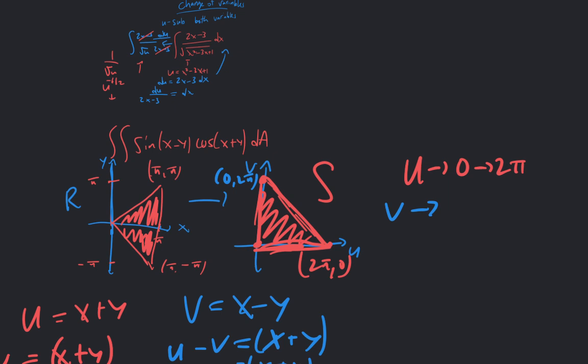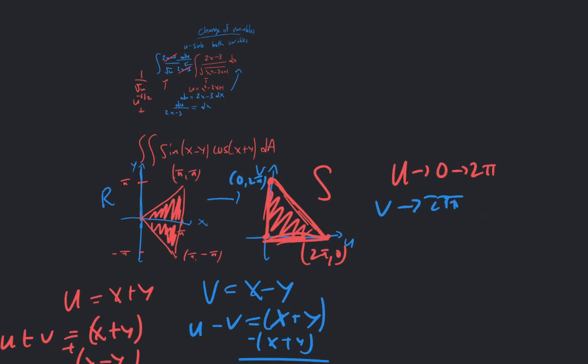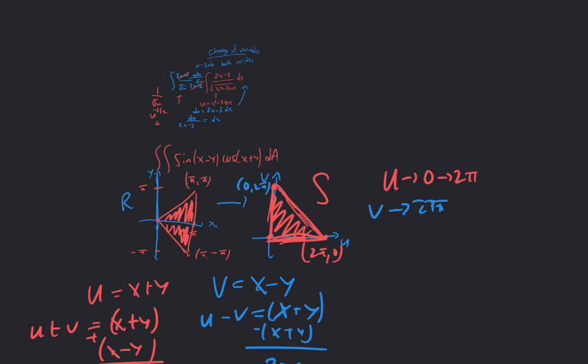But basically we're going to have v going from 0 to 2 pi minus u.